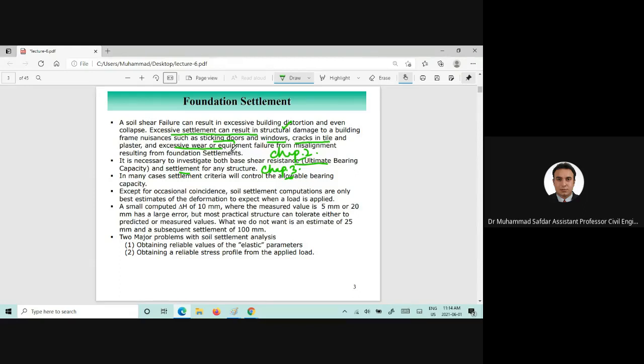These problems and nuisances can create significant economic losses as well. Therefore, it is important to estimate the foundation settlement accurately.